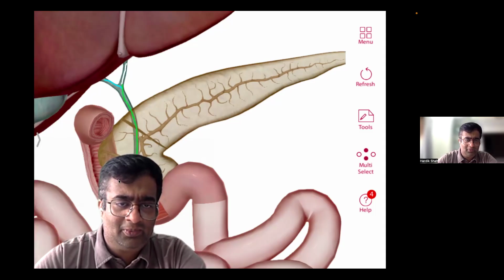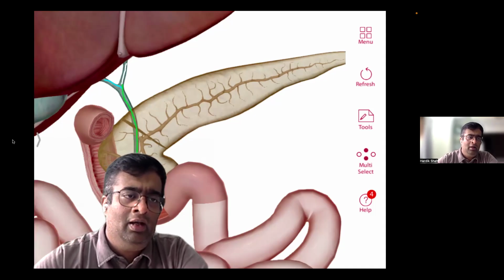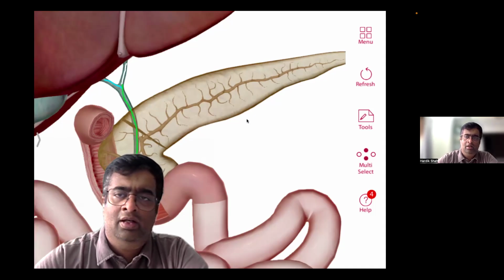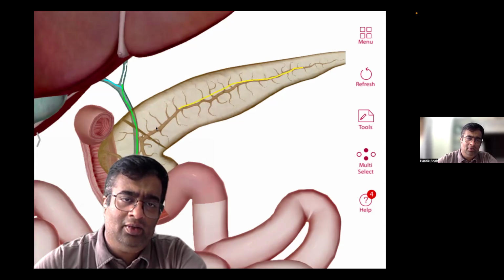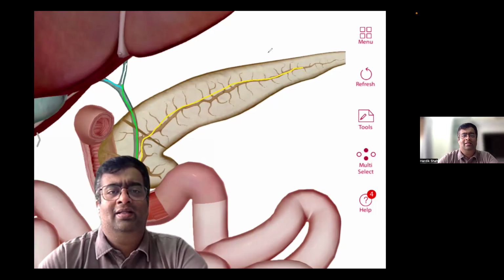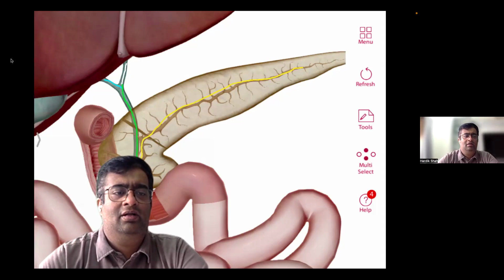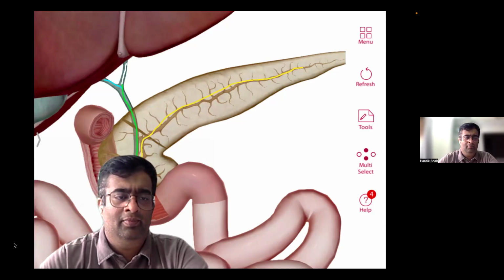So that is how the bile is poured into the duodenum. The pancreatic juice, produced by the pancreas, is released via this pancreatic duct. And this pancreatic duct also jointly opens along with the common bile duct into the duodenum. So that is how the contents of the pancreas and the liver as well as gallbladder are secreted into the duodenum.